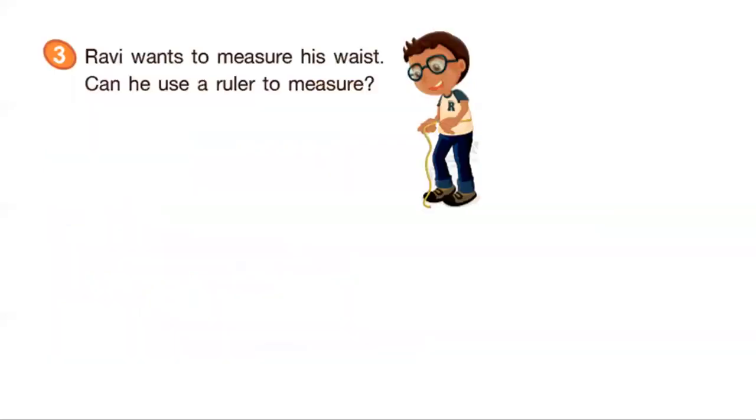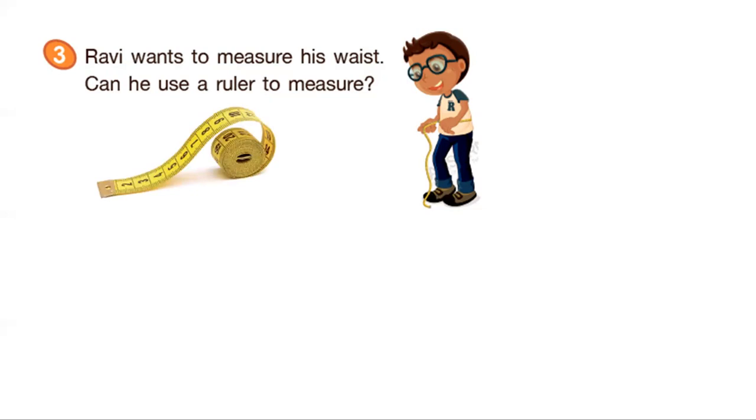Now Ravi wants to measure his waist. Can he use a ruler to measure? Do you think you can use a ruler to measure your waist? I think it's better to use a measuring tape.